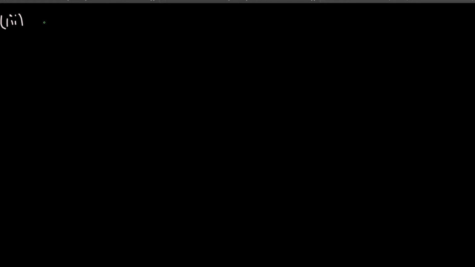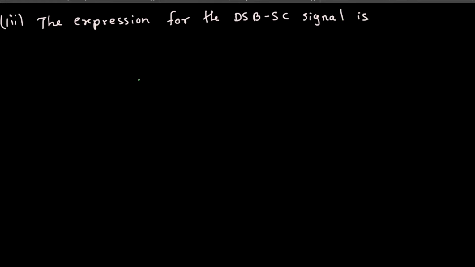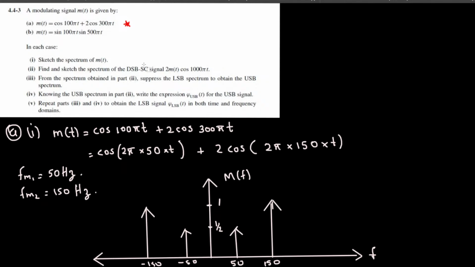So this expression for the DSB-SC signal is provided right here, that is 2 m of t cos 1000 π t.